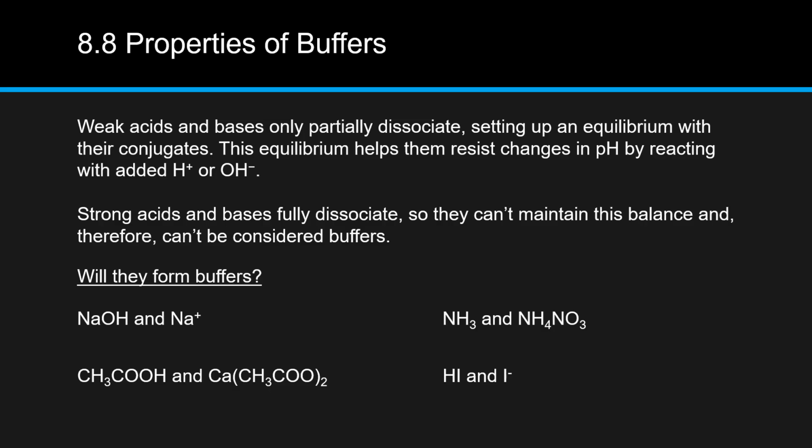Our next group is CH3COOH, which is acetic acid, and calcium acetate. So because acetic acid and acetate is a conjugate pair and acetic acid is a weak acid, that will form a buffer.